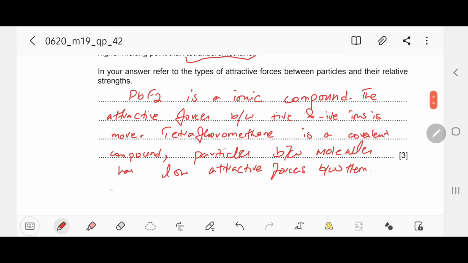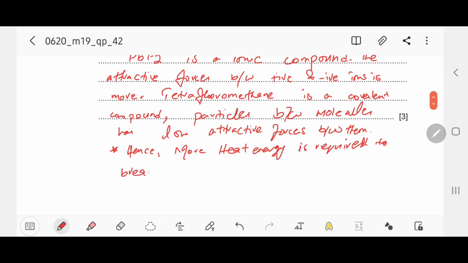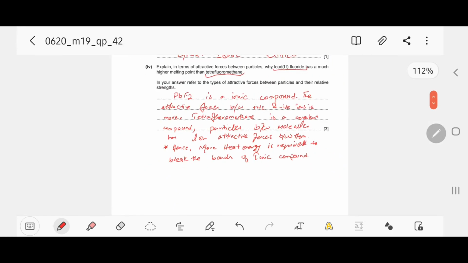So that's why you will say hence higher, or you can say more heat energy is required to break the bonds of ionic compound. So this would be our answer.